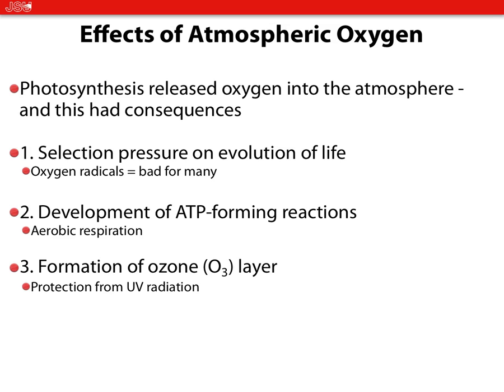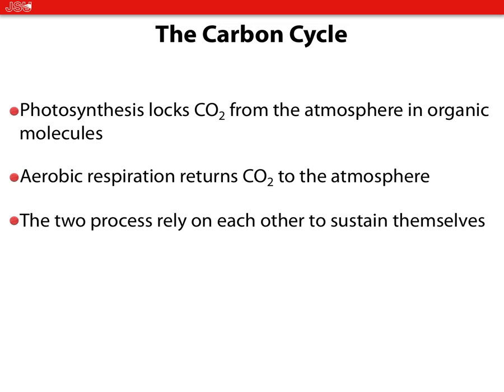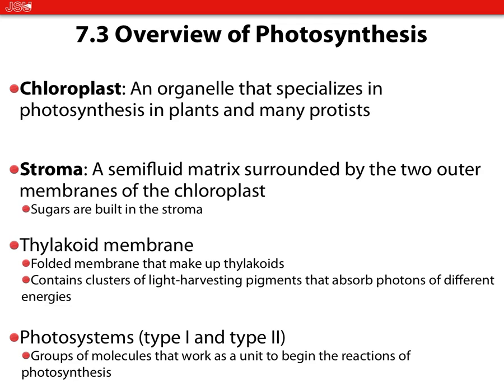So the process, photosynthesis, has changed Earth. A chloroplast, that's where we're going to do photosynthesis. That's the major one here. What is a chloroplast? That's the organelle that we're going to do this in plants and some protists to do photosynthesis.